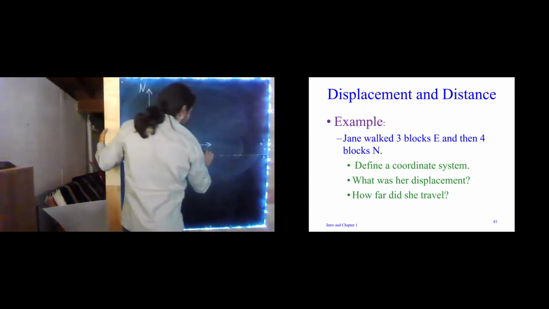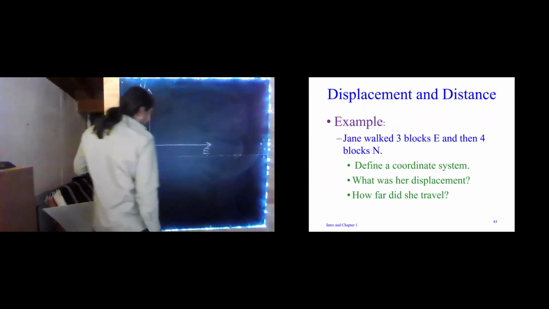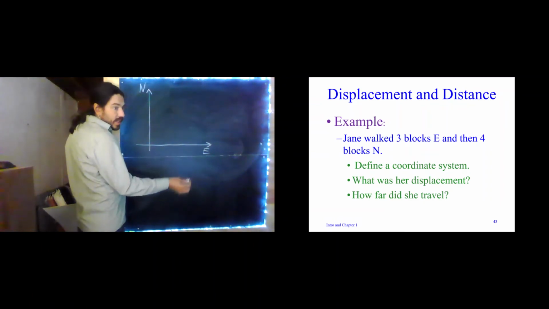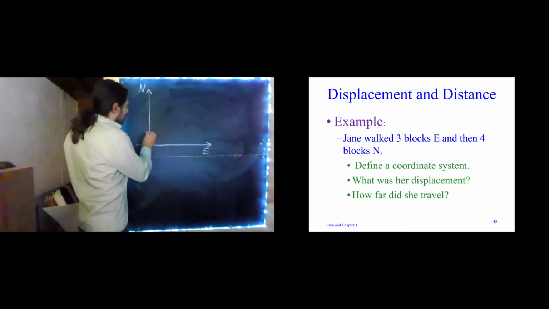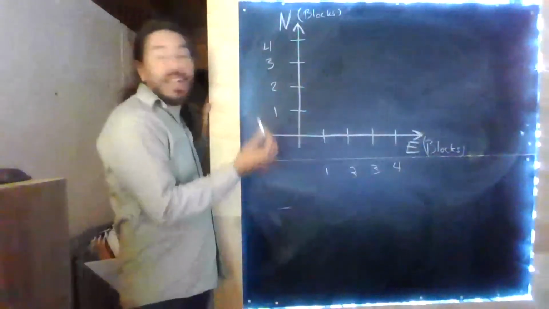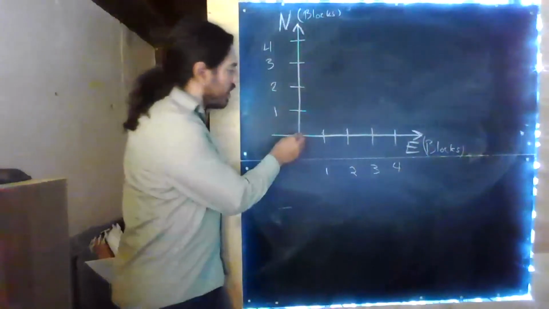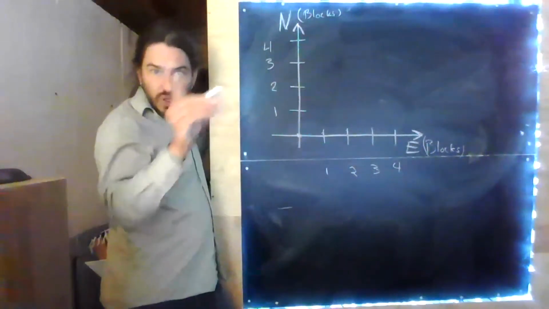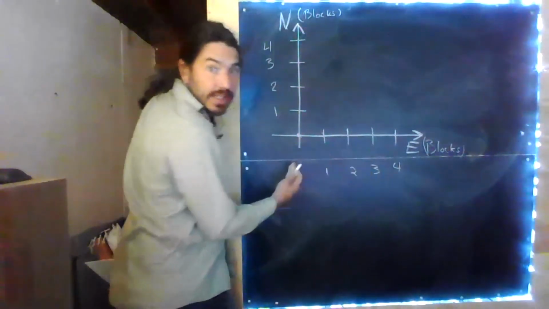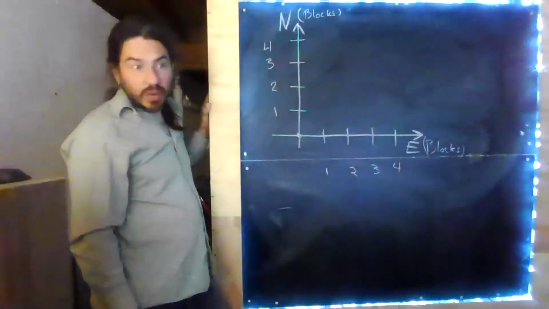There's north. There is east. And we should be marking these in blocks. And it looks like we need 4 blocks at least. Okay, there we go. I have defined my coordinate system. I have an origin, and I have directions with distances. Great. That is my coordinate system.